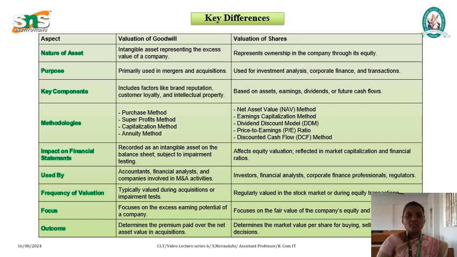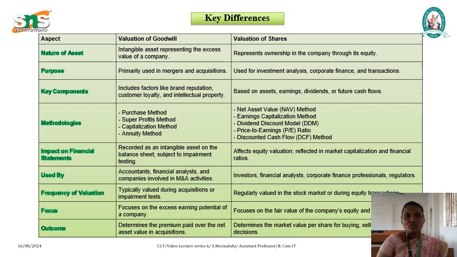Then the key components vary from goodwill to shares. The key components of goodwill are brand reputation, customer loyalty, intellectual property, etc. The key components of valuation of shares are based on assets, earnings, dividends, or future cash flows.